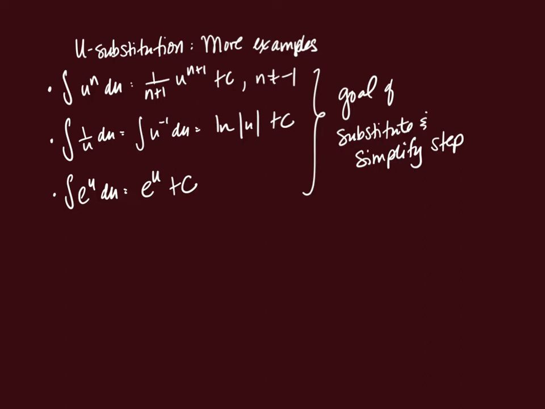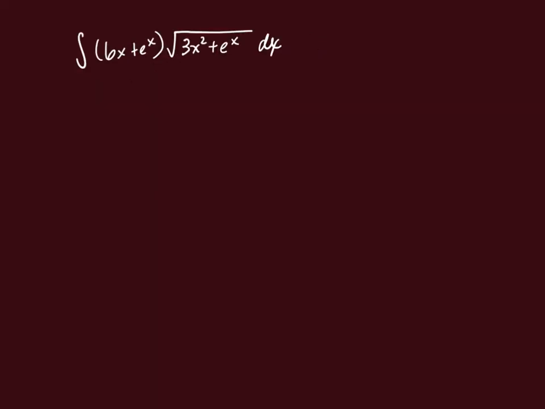Which one was that? U to a power where that power is not -1. Well, I have u to the 1/2. That's certainly not -1. All right, so this first one, the first thing I might want to do is rewrite that square root using my rational exponents for radicals, and write it that way.